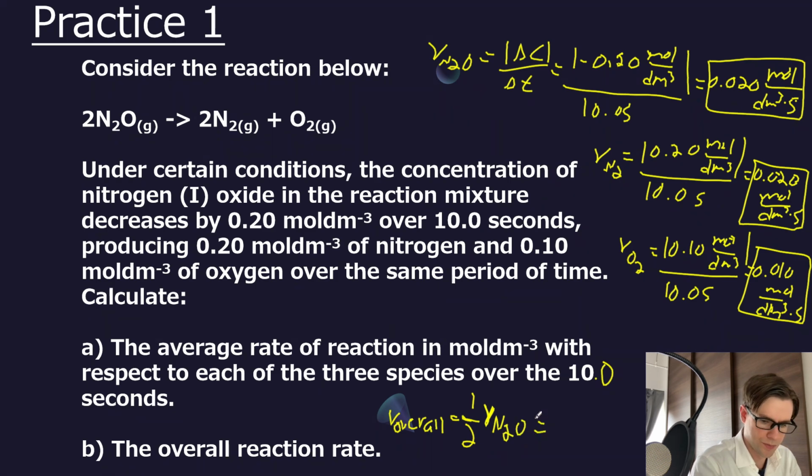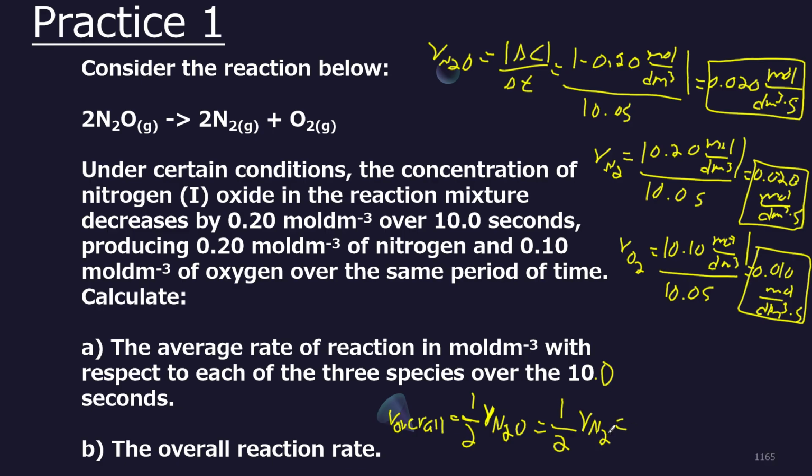It is equal to 1 over the stoichiometric coefficient of the N2 rate. And it is equal to 1 over the stoichiometric coefficient of the O2 rate, but that is just 1 over 1, so it's actually just equal to the O2 rate. And we know that. That was just what we did as the third part of part A. That was 0.010 mole per decimeter cubed per second.